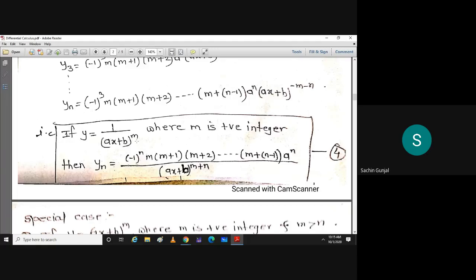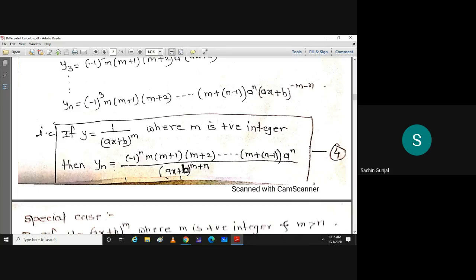Okay, I'll explain. So m is equal to 1. So it is minus 1 raised to n into n factorial into a raised to n upon ax plus b whole power n plus 1. Yeah, very good. Everybody understood? See, m is equal to 1, so 1 into 2 into 3 and so on up to 1 plus n minus 1.